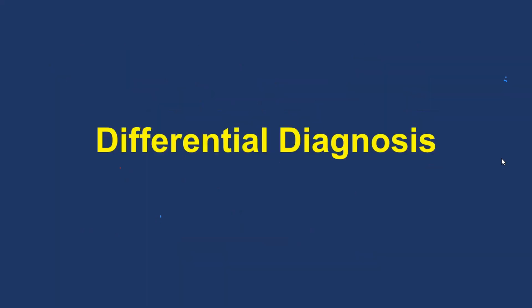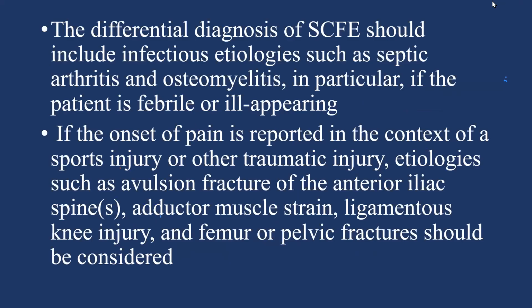The differential diagnosis in these cases, I just would like to mention, of slipped capital femoral epiphysis should include infectious etiologies such as septic arthritis, osteomyelitis, in particular, if the patient is febrile or ill appearing.